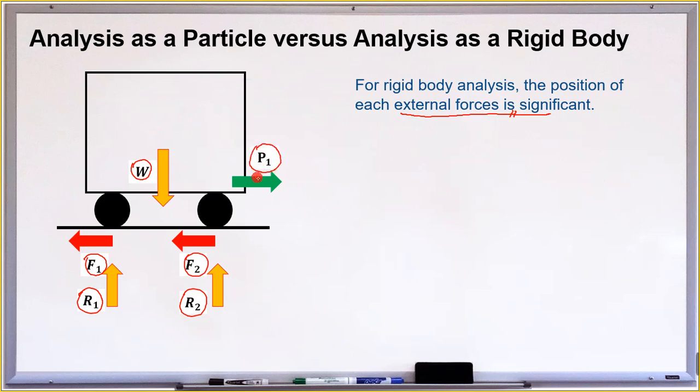But of course, the applied forces are not limited to only one; there can be 2, 3, 4, and so on. For the purpose of simplicity, let's just assume that we only have one applied force, and that applied force contributes significantly to the motion of our object. That is why this object will move towards the right, which is the direction of its acceleration.